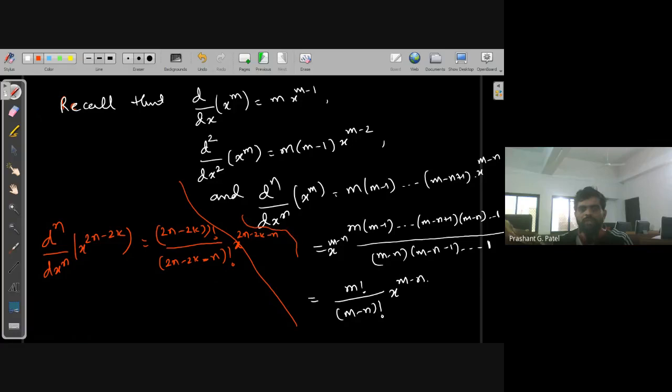So that can be rewritten as 2n minus 2k factorial upon n minus 2k factorial into x power n minus 2k. This will be the expression we got.